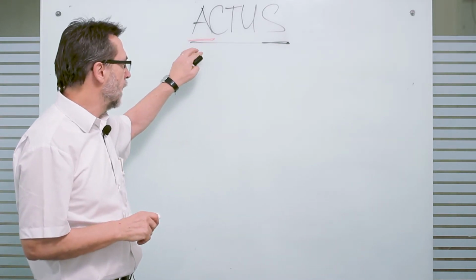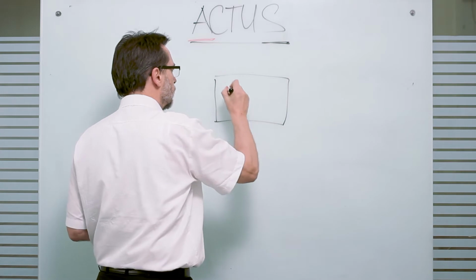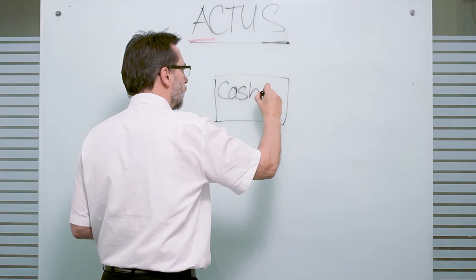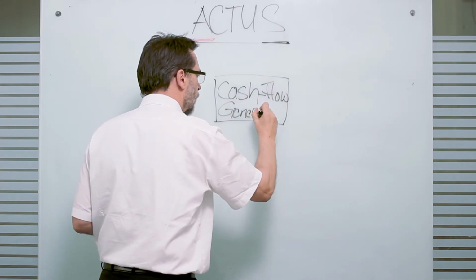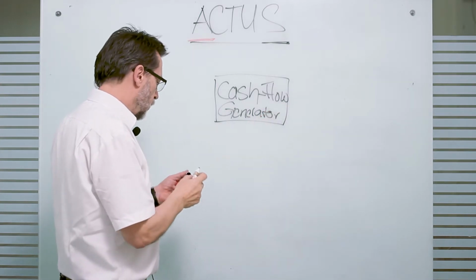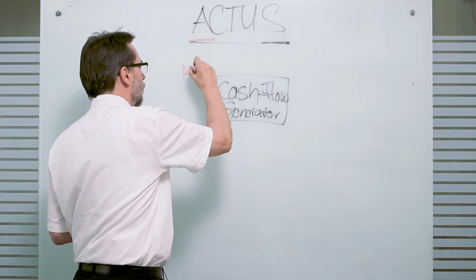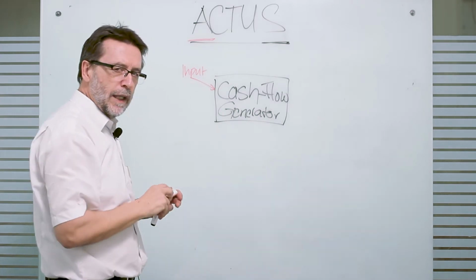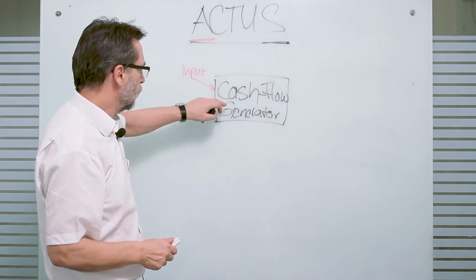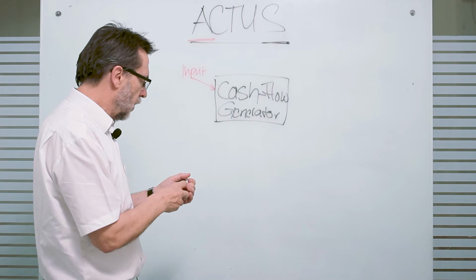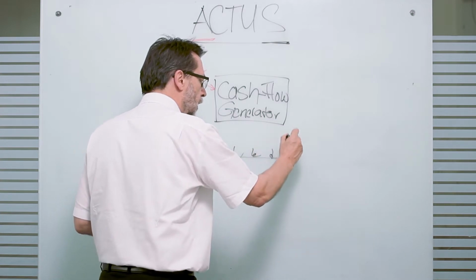So in Actus, we define a standard which has in its center the cash flow generators, where you give input data and where the meaning of the data truly is defined by these algorithms, which are the cash flow generators, which turn these inputs into expected cash flow, like, for example, an interest payment here, a principal payment here.